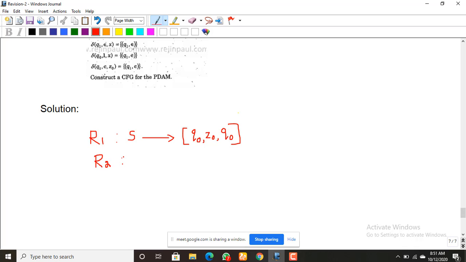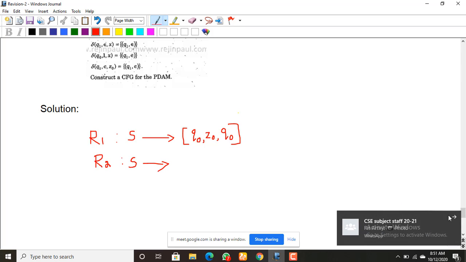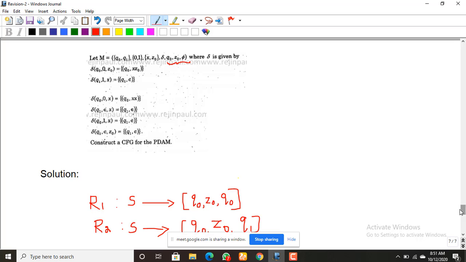Rule number two, again starting symbol. Again it starts with q naught, then the starting stack symbol z naught. It is possible to move from q naught to q1, because only two states are available in this pushdown automata, q naught and q1.